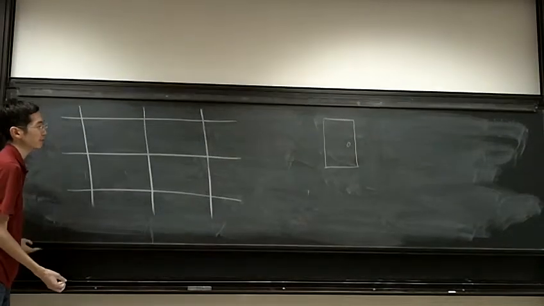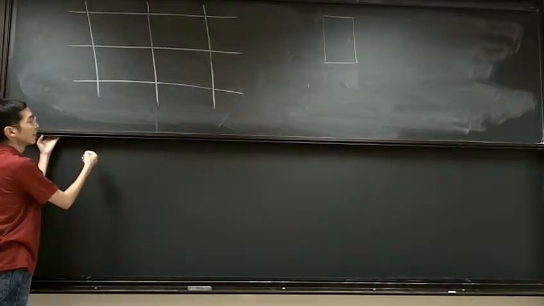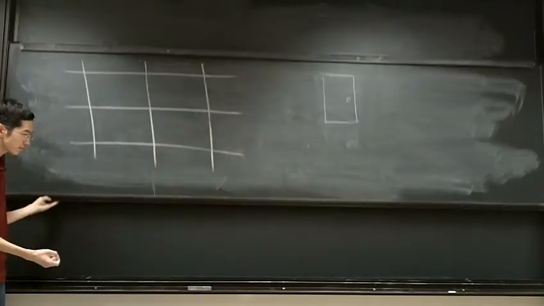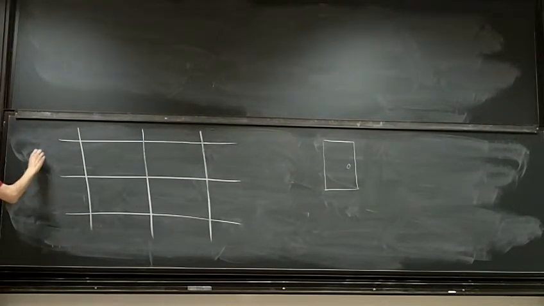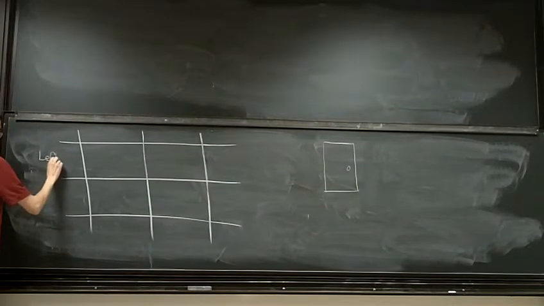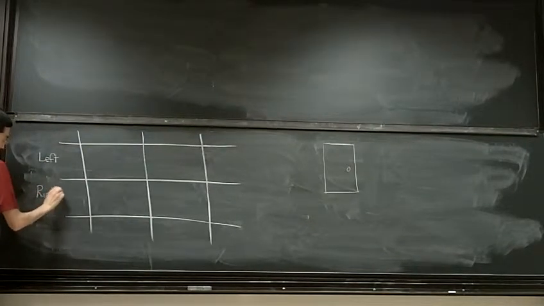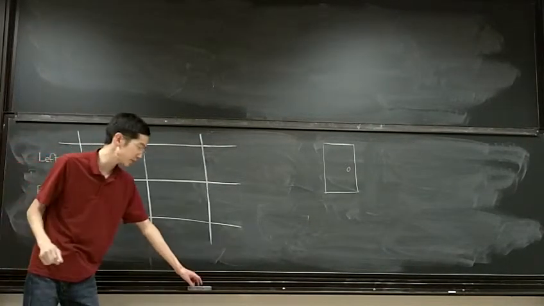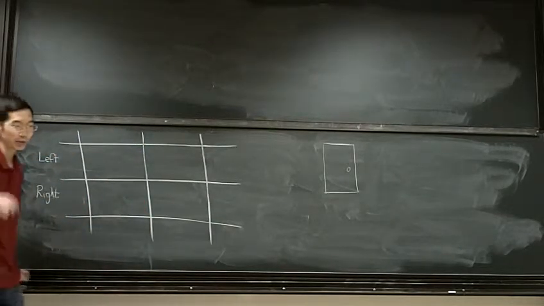I'm trying to think of some situation here. Okay, let's say we have left-handed people and right-handed people. We'll ask which hand do you use most of the time to write with.